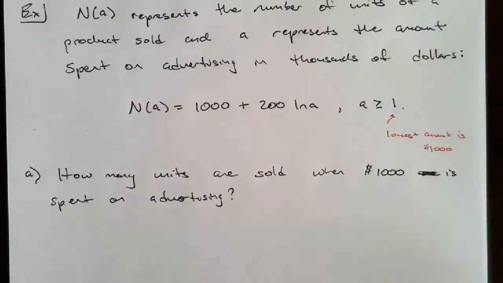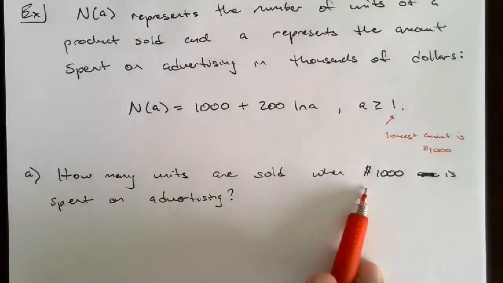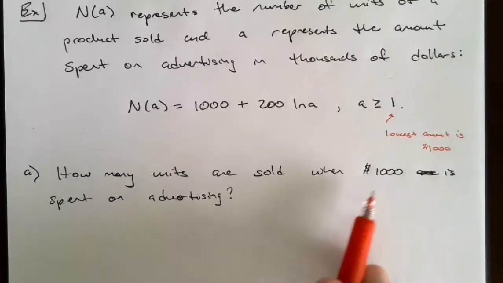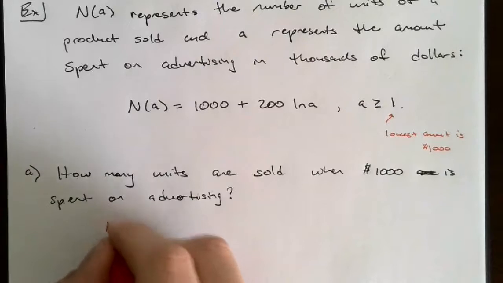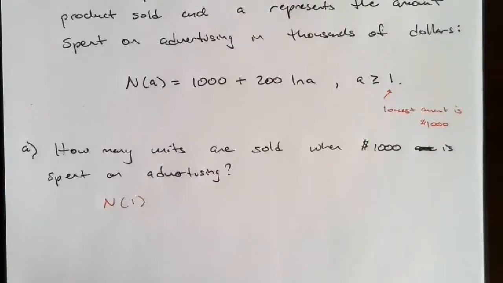So basically what they're asking you to do is find N when A is $1,000. Now remember, don't substitute in 1,000, because A is in thousands. So if I want to spend $1,000, I'm looking for N of 1, because 1 is $1,000 when I talk about subbing in for A.